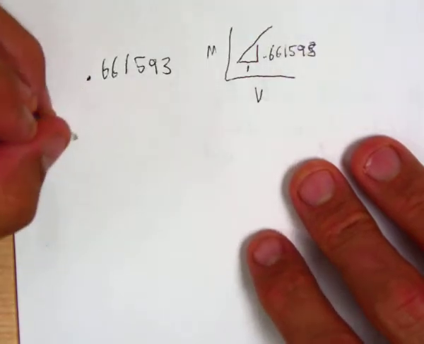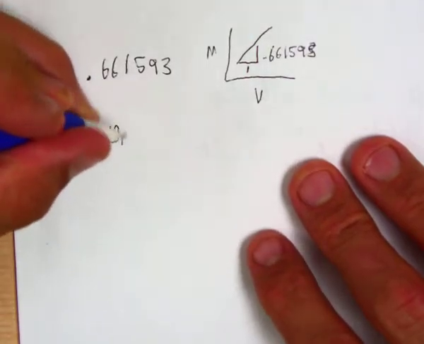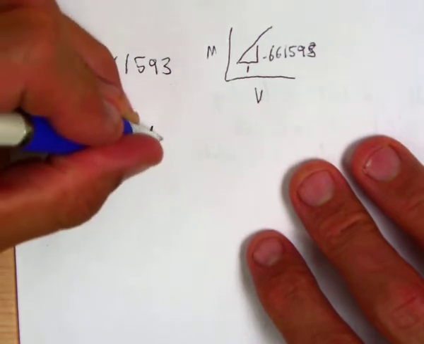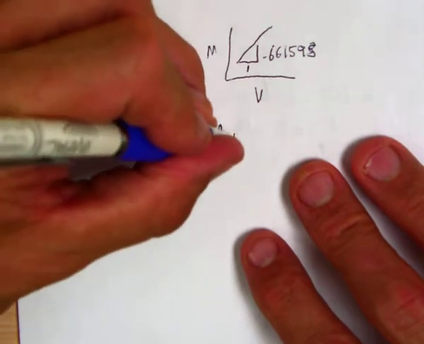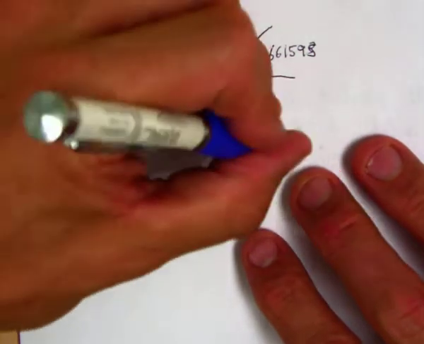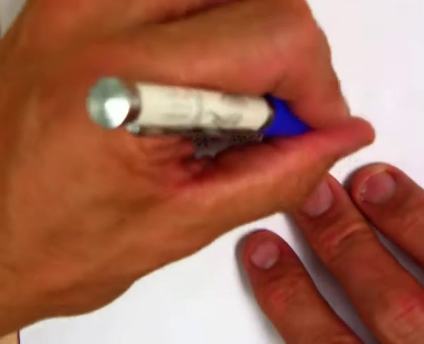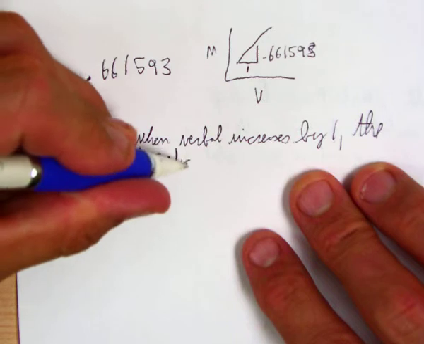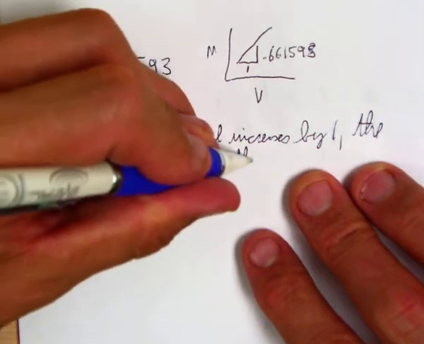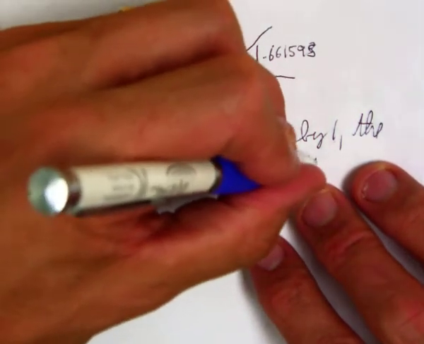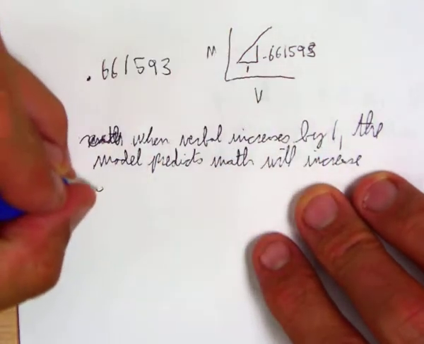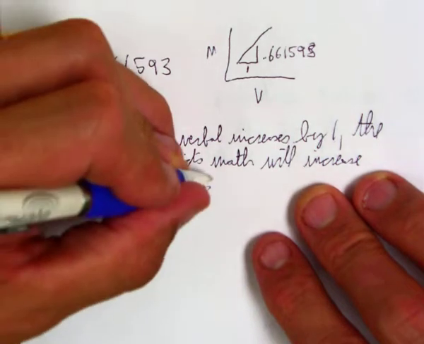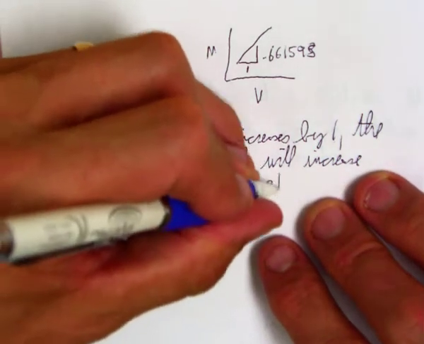So actually let's write it like this: when verbal increases by 1, the model predicts math will increase by about 0.661593 points.